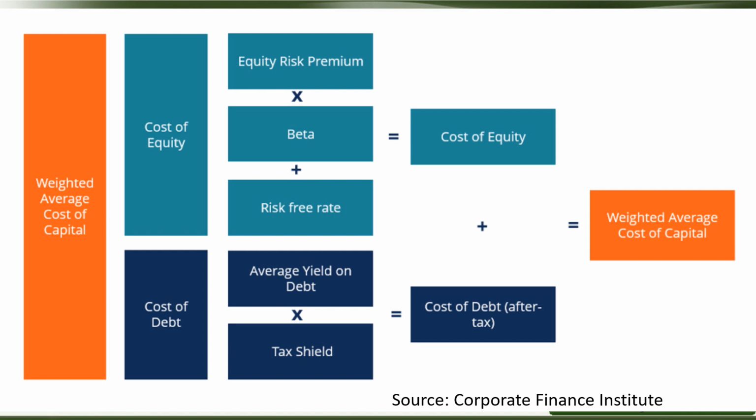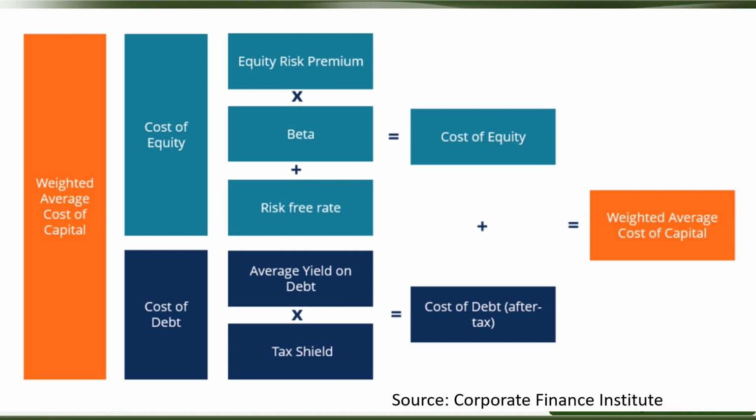This diagram, thanks to Corporate Finance Institute, is a very explanatory diagram. The weighted average cost of capital shows the cost of equity and cost of debt. The cost of equity can be calculated as the equity risk premium multiplied by the beta value, plus the risk-free rate of return, which we have already studied.